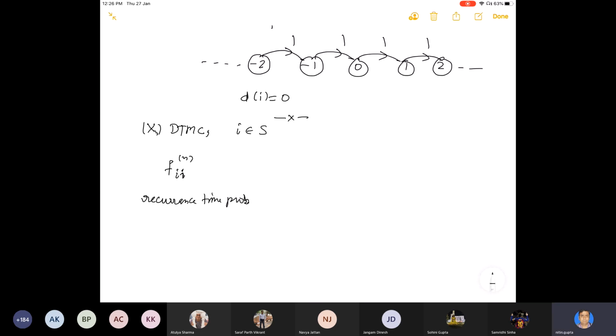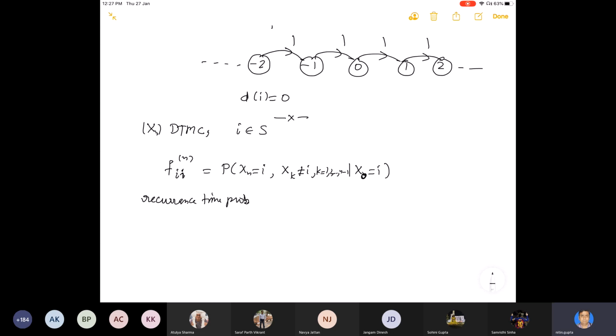What is the meaning of that? That means the probability that, starting with state i, you visit state i in n steps, and in between you cannot visit state i at steps k, where k is 1, 2, up to n-1.